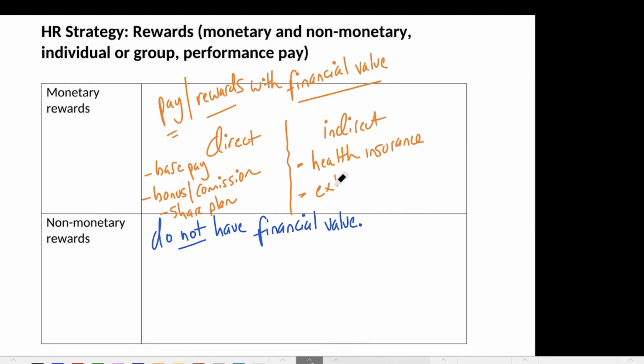Maybe extra leave, again, that's worth money, but the money isn't coming to you, the leave is. Maybe there's some kind of subsidized or even free childcare. All of that has a financial value, but the money doesn't go into your pocket. So that is the monetary reward side of things.